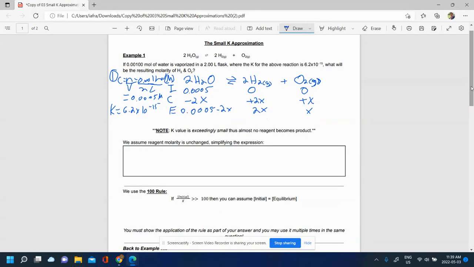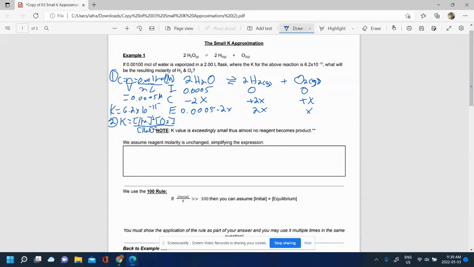So we would do step 2. K is equal to the concentration of H2 squared times O2 over the concentration of H2O squared. And then you'd plug in all your numbers.